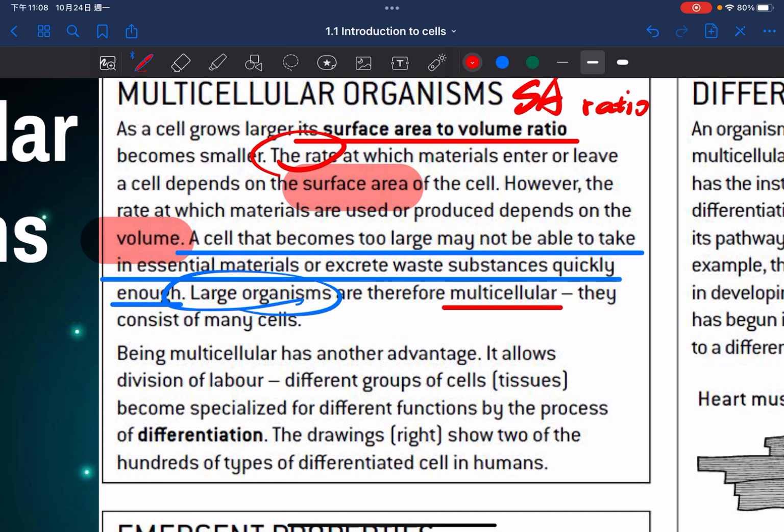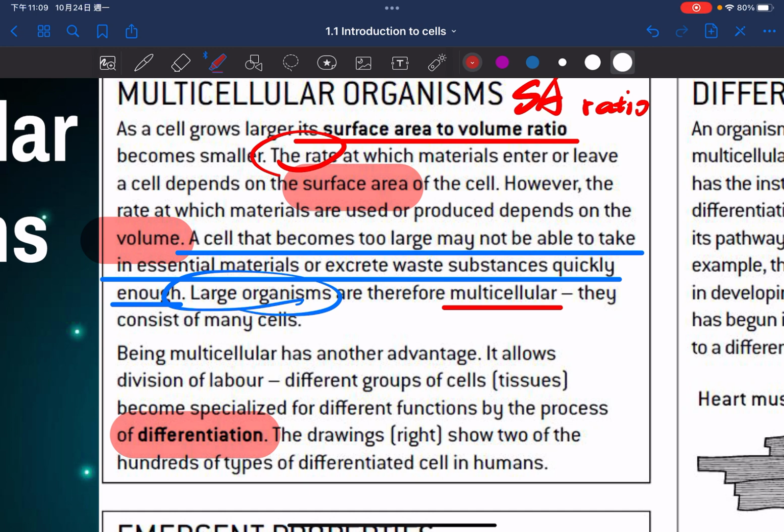If you need a lot of different cells inside multicellular organisms, you have to do a process. The process name is differentiation. What is differentiation? First, think about the beginning of your life. You are a sperm and an egg. When the egg and the sperm combine together, they produce a zygote.